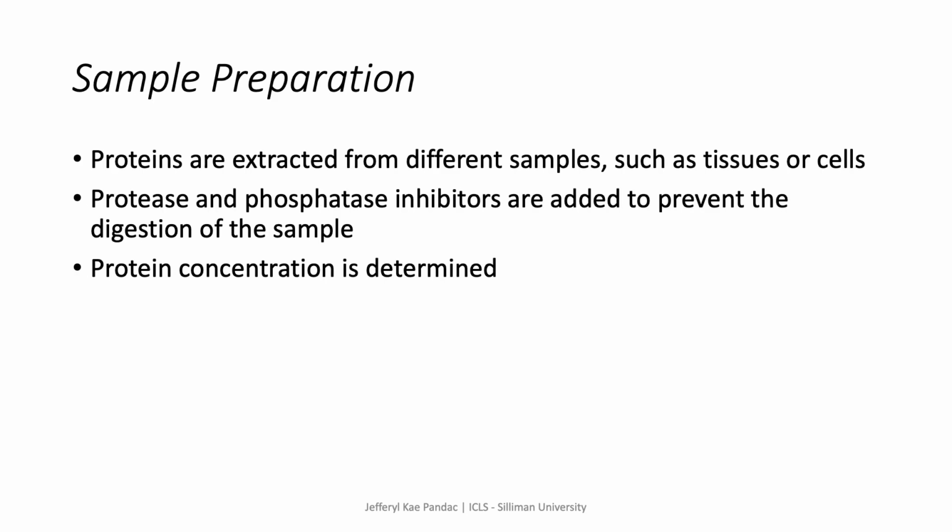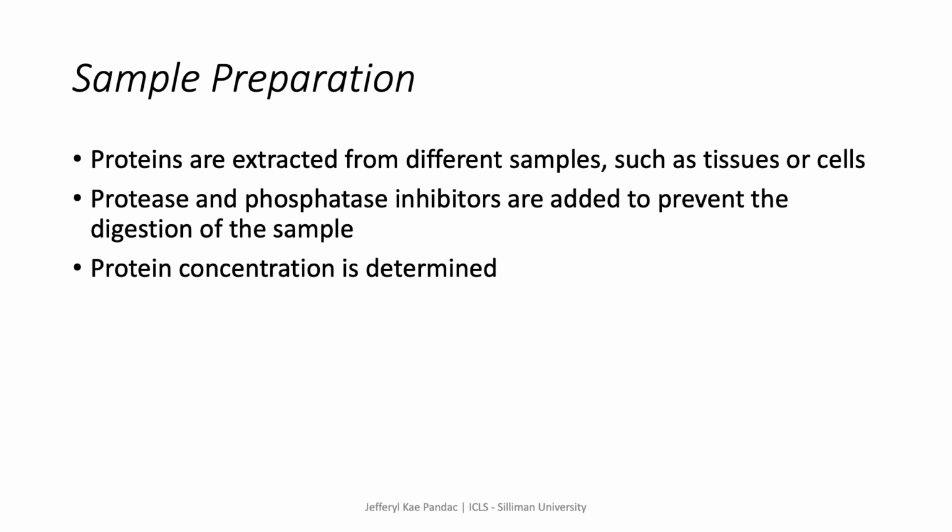For sample preparation, proteins can be extracted from different samples such as tissues or cells. And since tissue samples display a higher degree of structure, the tissues are first broken down by mechanical methods, such as the use of homogenizers or sonication. Protease and phosphatase inhibitors are commonly used to prevent the digestion of the sample at cold temperatures.